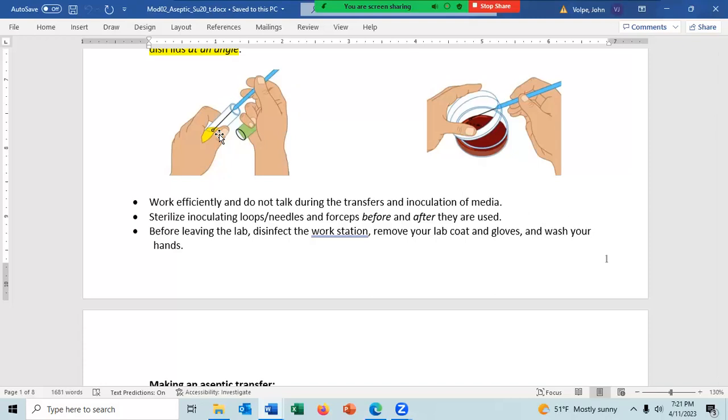Don't send the loop further down into the tube, because if you do, you can risk bringing bacteria and organisms on the rubber part of the handle into the tube. Is that clear? Yeah. Okay, great.